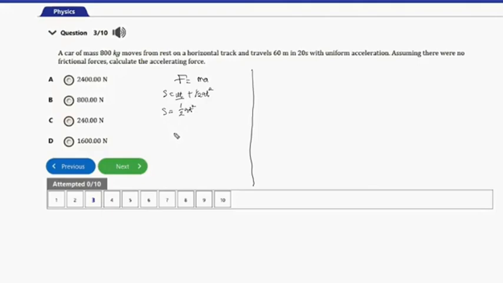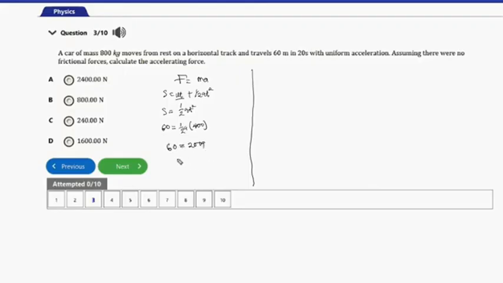But then we have s given already as 60 meters, and we also have the time given as 20 seconds, so we'll square it, which is 400 seconds squared. So it means that 60 is equal to half times a times 400.